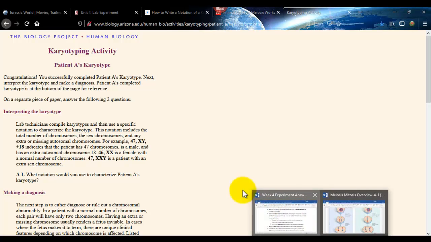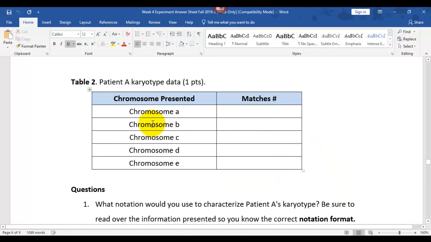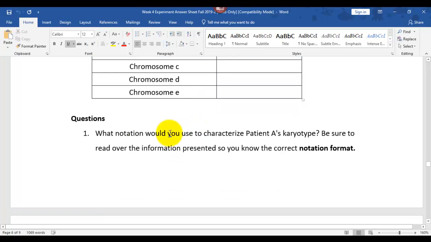Now, it asks you to write in the matches, like chromosome A matched with number 5, chromosome B matched with number 12. Now, scientific notation on karyotyping is, like mine, I don't have any extra chromosomes that I know of. Human beings have 46. I'm 46XY.